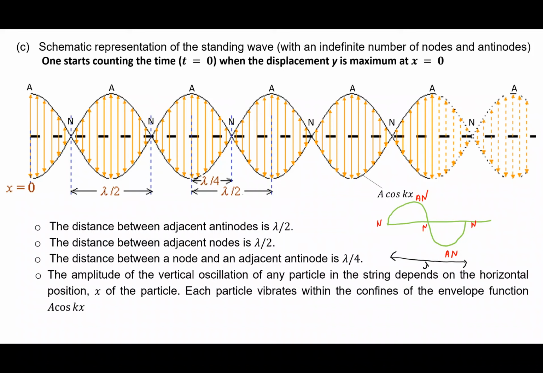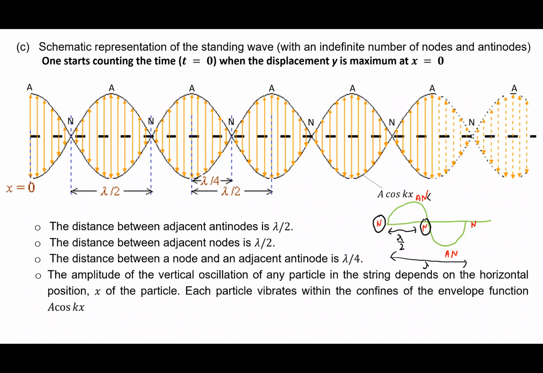Okay, so kalaulah jarak daripada node kepada next node ataupun jarak daripada antinode kepada next antinode, dia adalah separuh. Okay, cuba you tengok nodes kepada nodes. Ini yang dimaksudkan kepada adjacent bersebelahan. Maksudnya daripada node kepada next nodes. So jarak daripada sini ke sini, ini yang dipanggil sebagai lambda per 2.